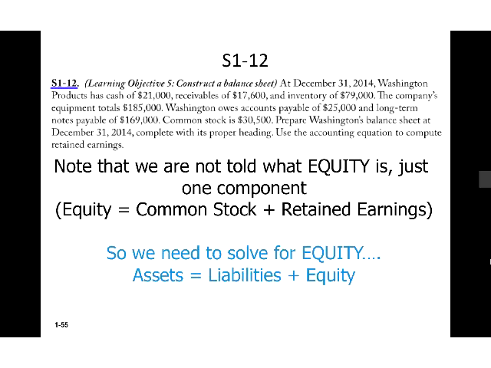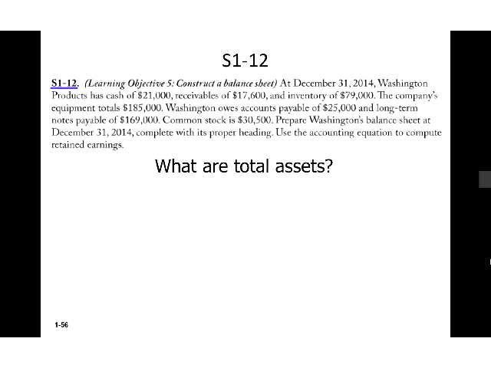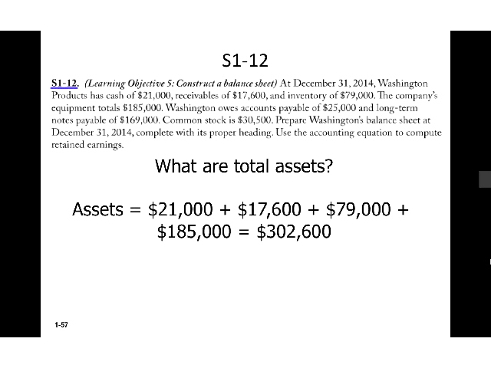Okay, so we're solving for equity. Assets equal liabilities plus equity is where we're going. You're going to see this as we go. The first question we have to ask is, what are total assets? Total assets are going to be our cash.